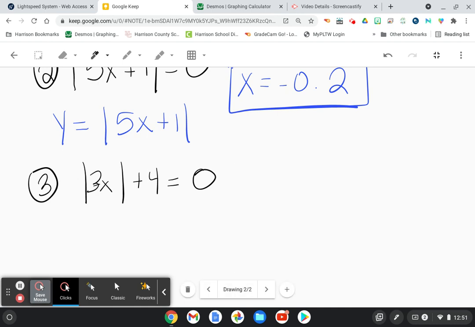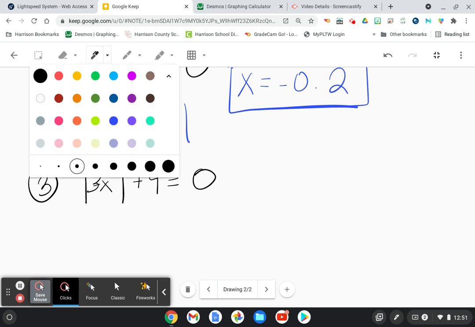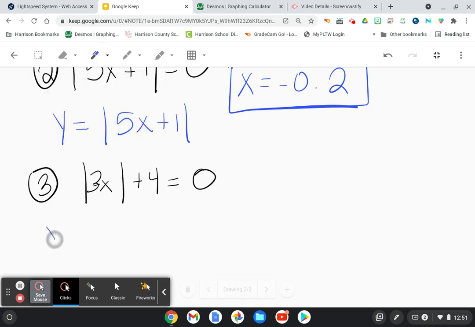Again, another nice one for us. And it's nice because it's already set equal to 0. So I just have to replace the equals 0 with a y equals. Absolute value of 3x plus 4. And now I'm going to graph it.